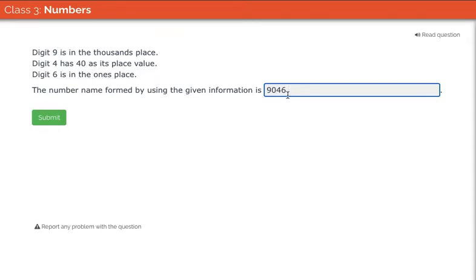So 9,000, 400, 4... 9,400, 4 tens, 40, and then 6, so 46.